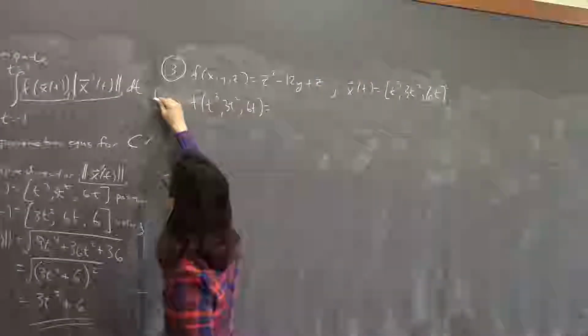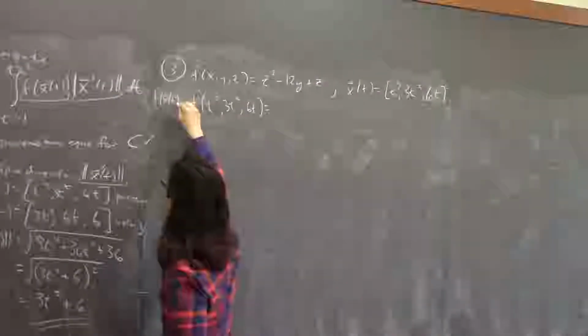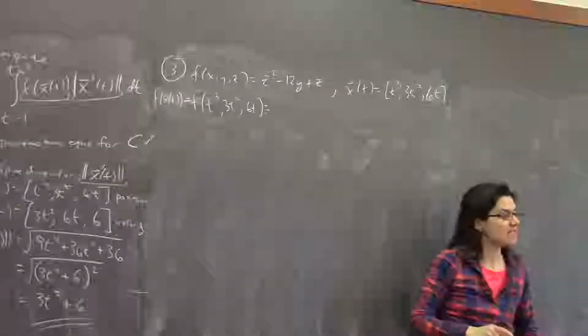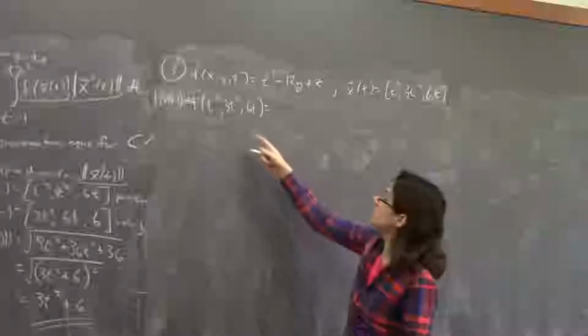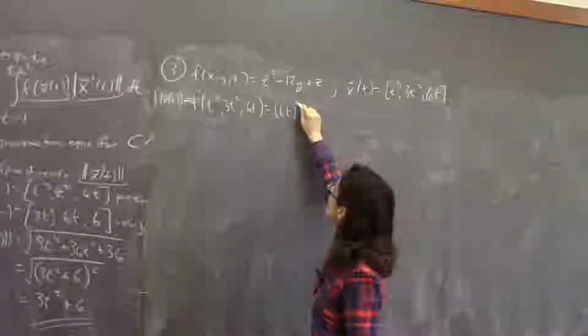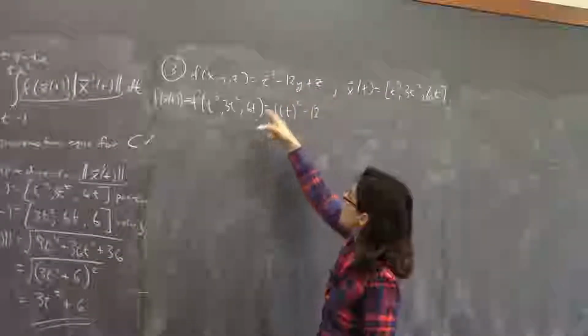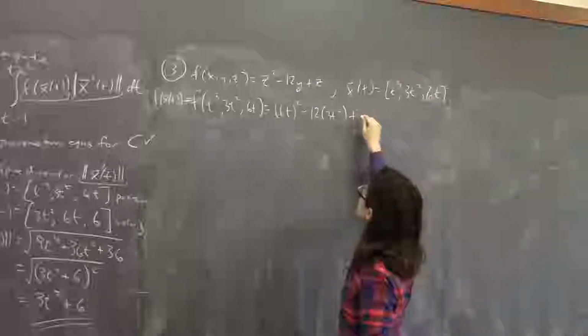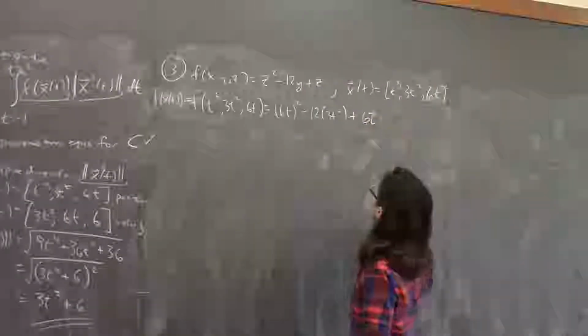All right, f of x of t is what happens when you substitute in x of t for x, y, and z. So let's see. Z squared is 6t squared. 12 times y. Y is 3t squared. And plus z is 6t.